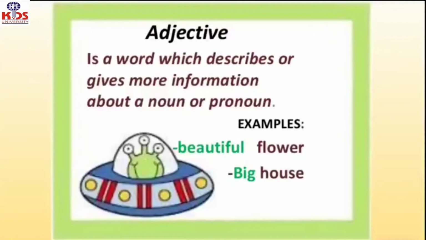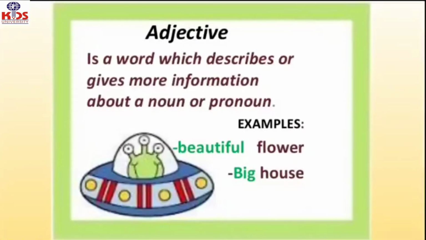For example, beautiful flower and big house. Here in beautiful flower, beautiful is our adjective and flower is a noun. This word beautiful is telling us about the quality of a flower, that the flower is beautiful.